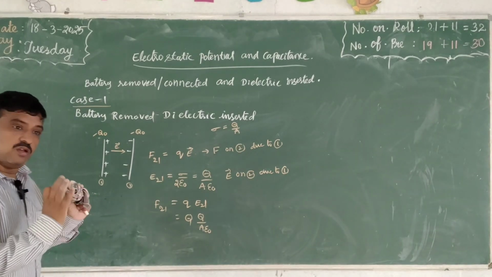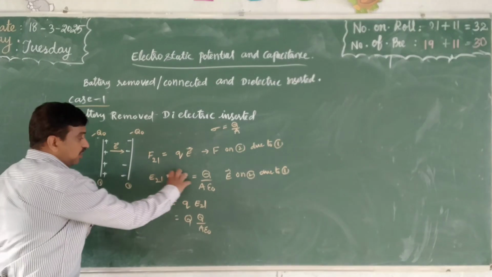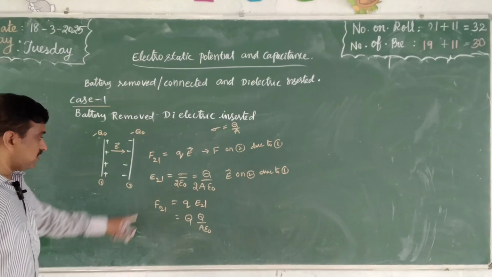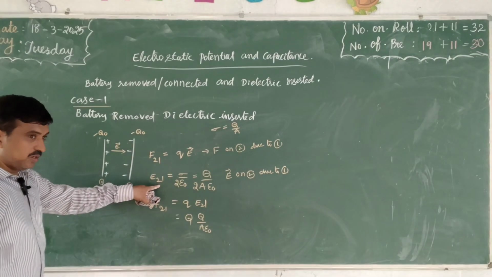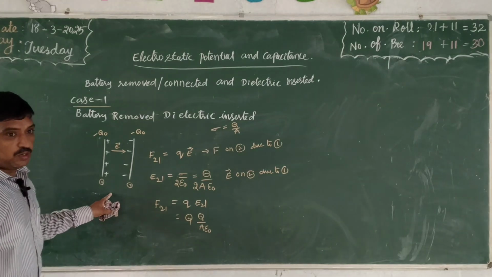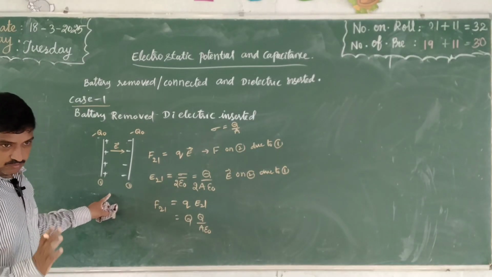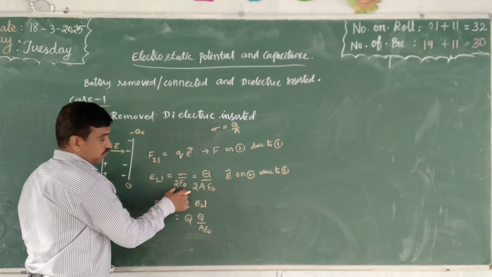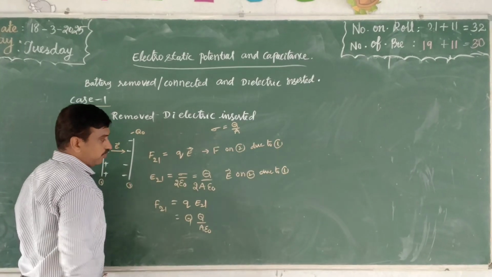So the electric field on the second plate due to the first plate means a single plate here, not a parallel plate. For parallel plates, sigma by epsilon naught; for a single plate, E21 equals sigma by 2 epsilon naught, which is Q by 2A epsilon naught.